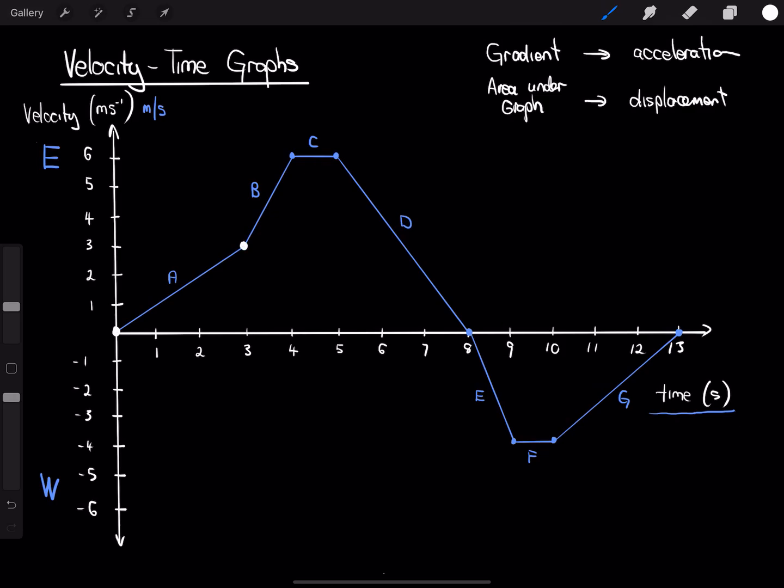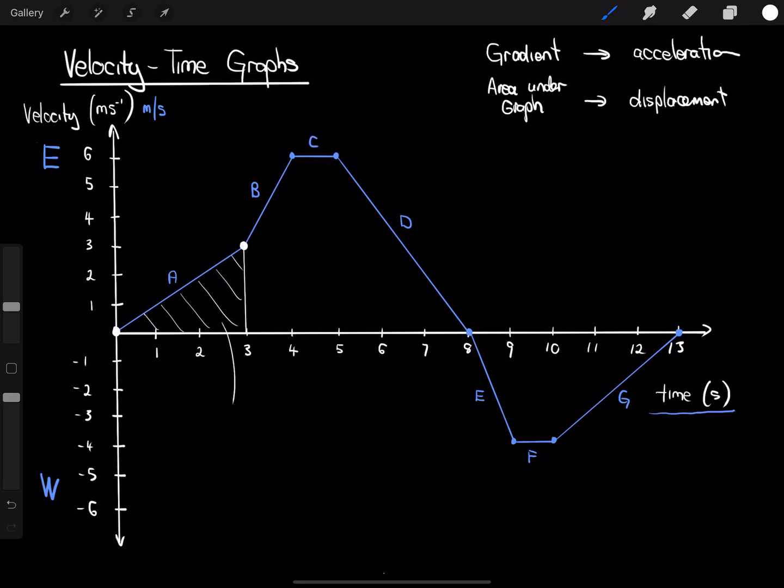So it was constantly accelerating through that whole time. How far did it travel between the 0 second and 3 second mark? Well, to work that out, we would look at the area under the graph. So this area in here will tell us the displacement of the object over that interval.